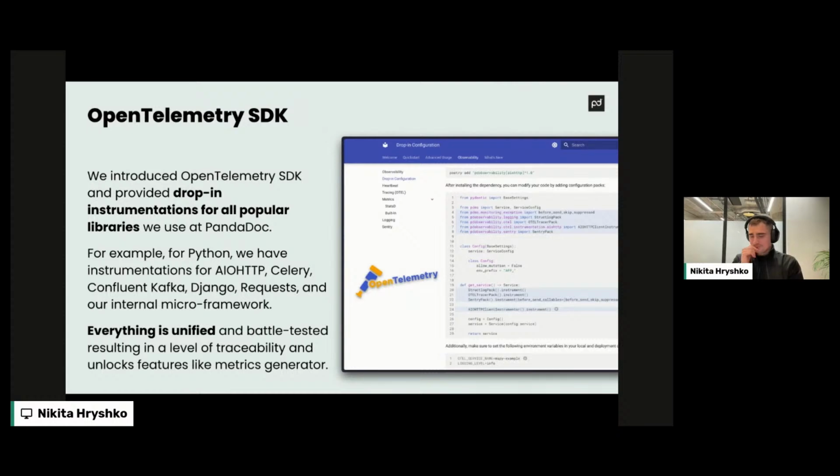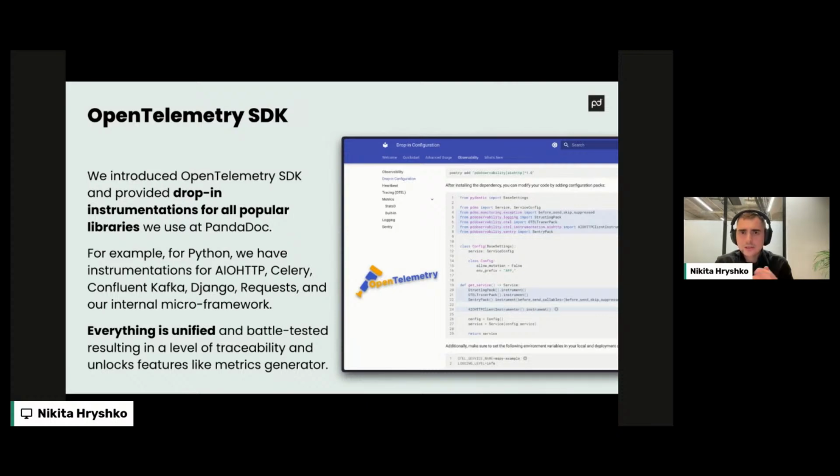What we did. First of all, we introduced the OpenTelemetry SDK for all our backend services. And we decided to simplify the day-to-day work of our engineers by providing drop-in instrumentations for all popular libraries we use at PandaDoc.